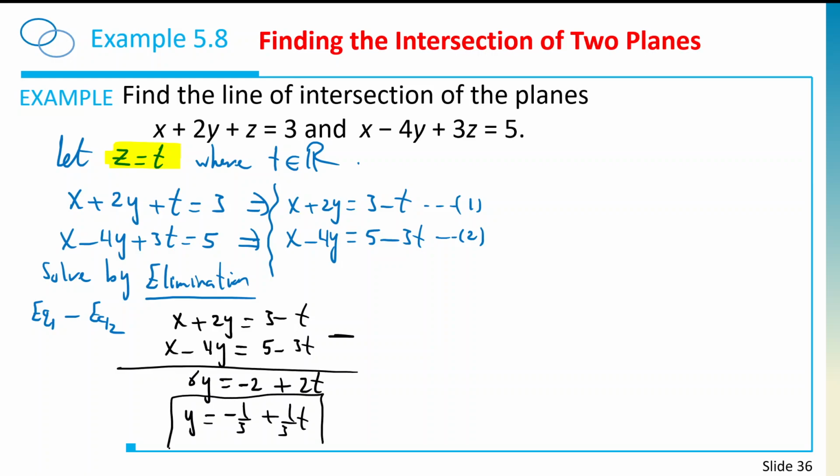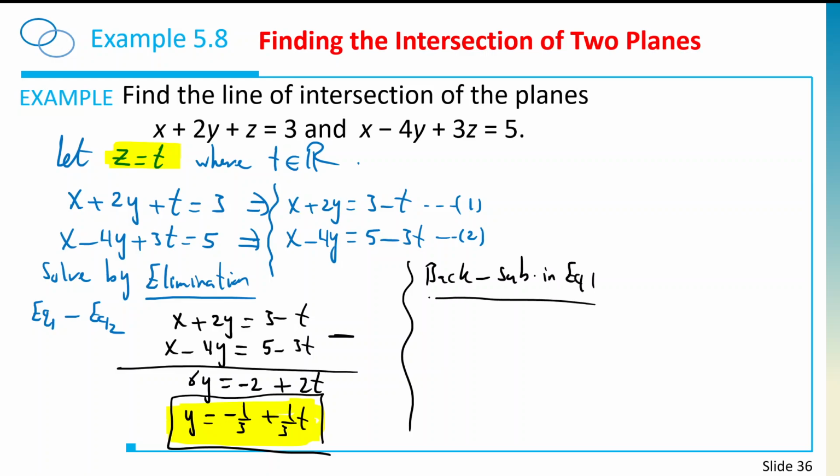This is y. Remember, in the end, if you think about the result as a straight line, it should be 3 parametric equations. I need the equation of a line, and usually we write the line equation as 3 parametric equations. Now I have z, I have y, I need to find x. So back substitution in any equation you like, let's say equation 1.